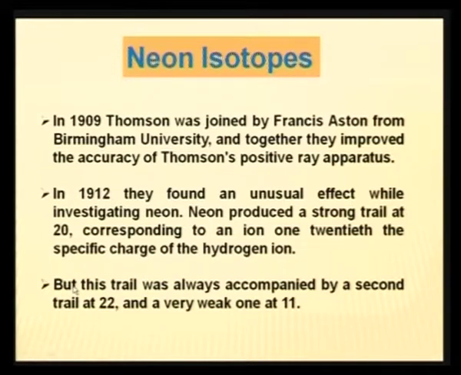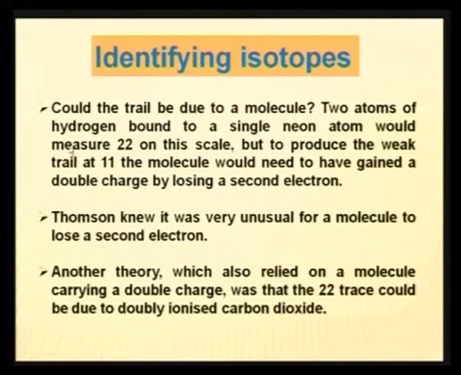They got two parabolas. One corresponds to 20, but this trail is always accompanied by a second trail at 22 and a very weak one at 11. So could this trail be due to a molecule? Two atoms of hydrogen bound to a single neon atom would measure 22 on the scale.